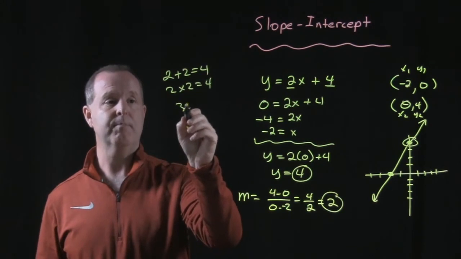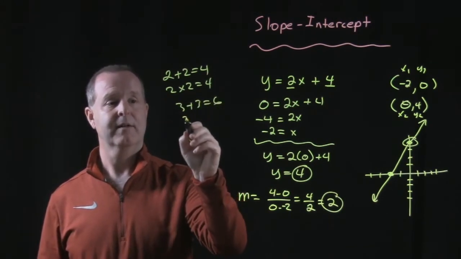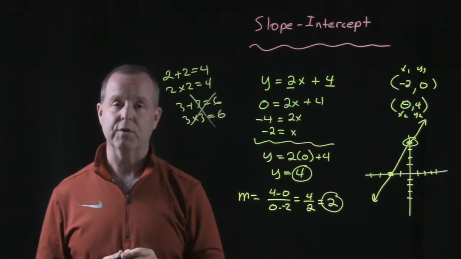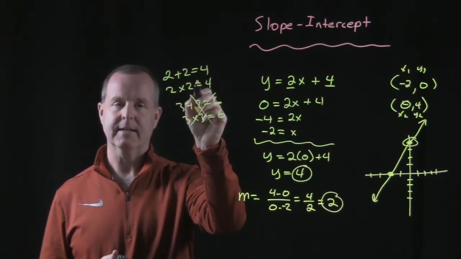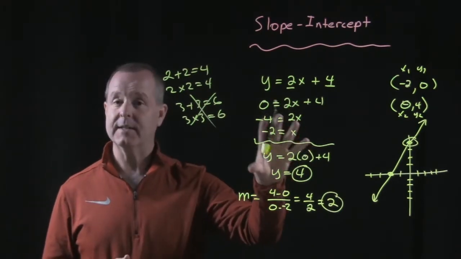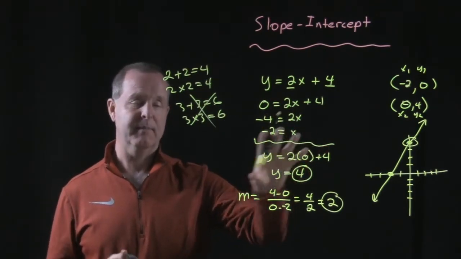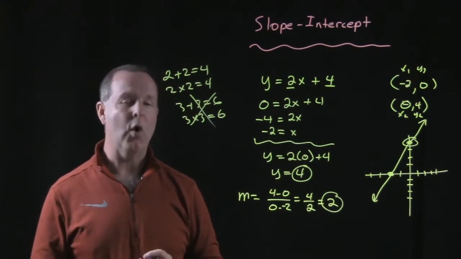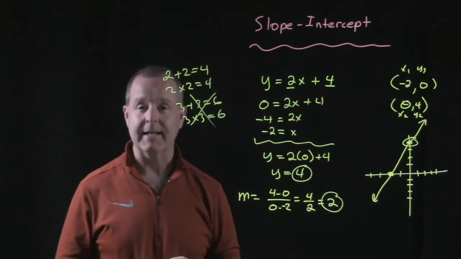So therefore, if 3 plus 3 equals 6, 3 times 3 equals 6. That's not true because this is a coincidence. That pattern doesn't hold for all numbers. However, this pattern does hold for all numbers because we've tested a lot of them and we keep seeing the same pattern over and over again.